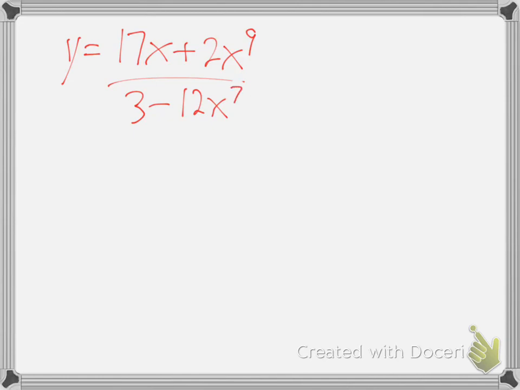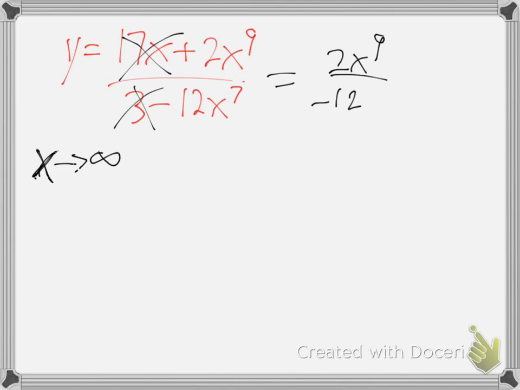Again, x is headed towards infinity, right? It's a limit, basically. We're going way to the right or way to the left. So what does that mean? The small terms don't matter. So effectively, this is going to be 2x to the 9th over minus 12x to the 7th. Reduce that. That's going to be minus 1/6 x squared, isn't it? Right, 9 minus 7 on the powers there.